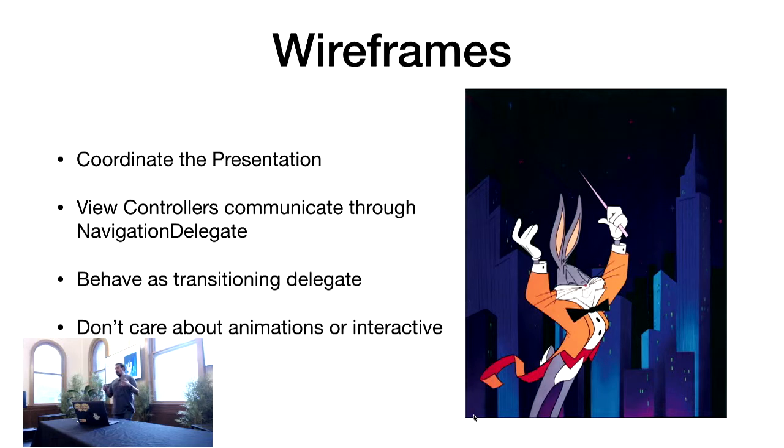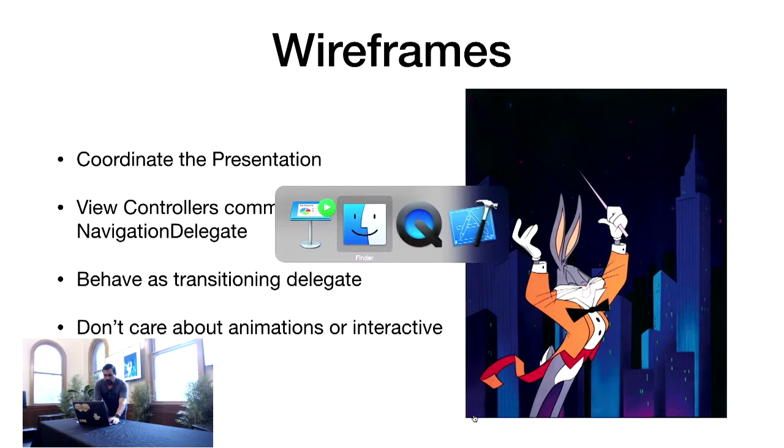And as I was saying before, they communicate with the presented view controller through this navigation delegate pattern. And they also behave as transitioning delegate, which is what we need to do if we are using this custom presentation. We need to provide a transitioning delegate. But they don't do any animation. There's no animation code in there, nor any tracking of the gesture.